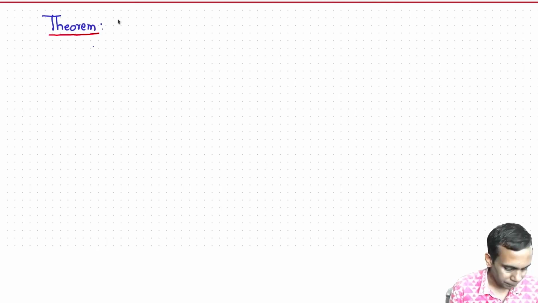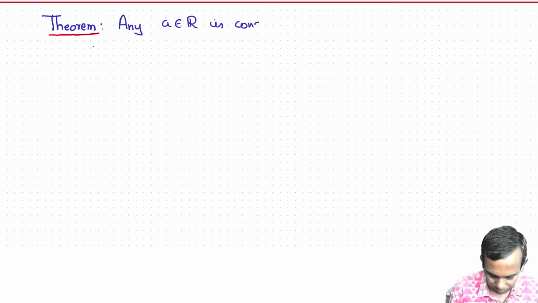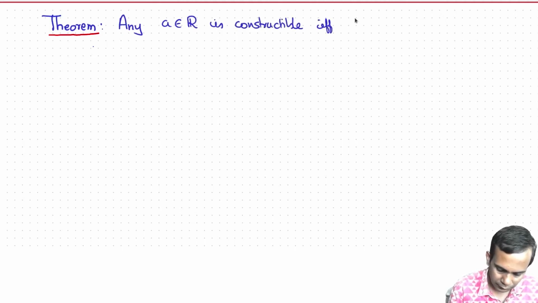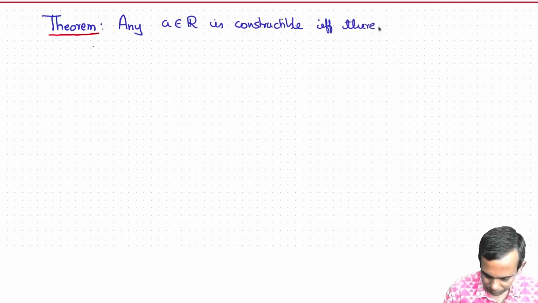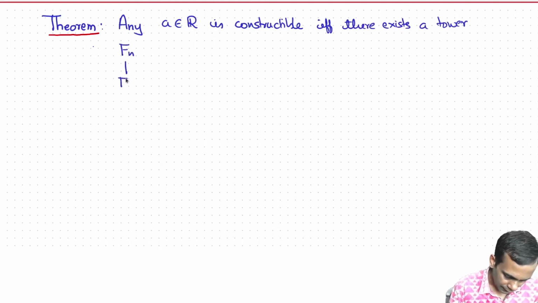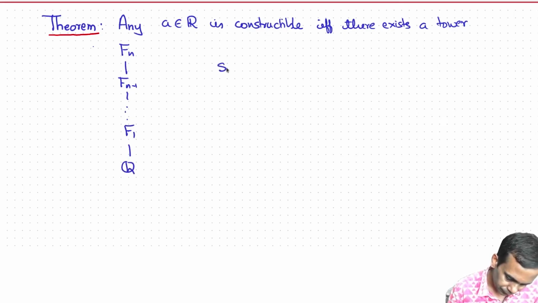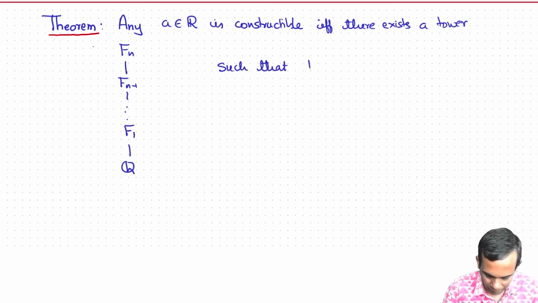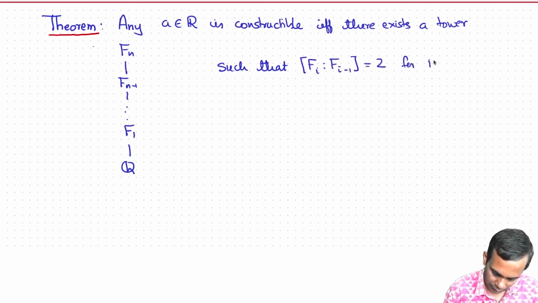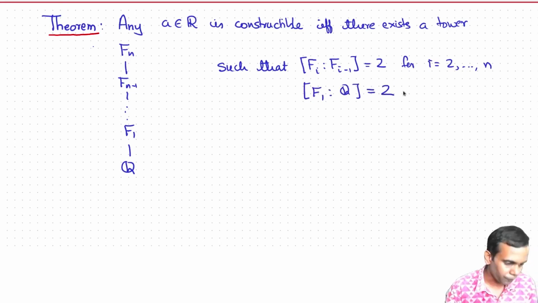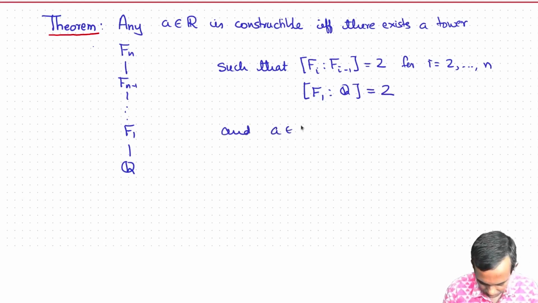So a real number A is constructible if and only if there exists a tower Fn containing Fn minus 1, going down to F1 containing Q, such that the index of Fi over Fi minus 1 is 2 for i equals 2 to n, and also we assume that the degree of F1 over Q is 2, and the number A belongs to Fn.